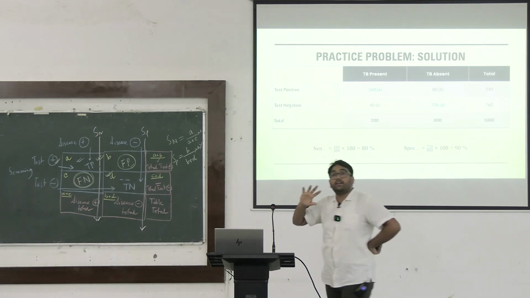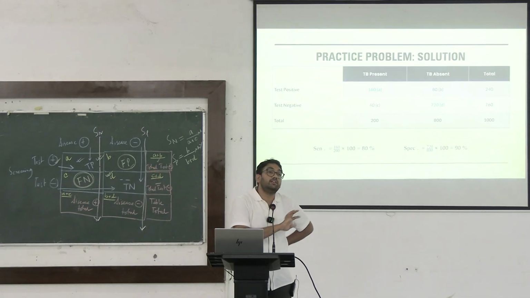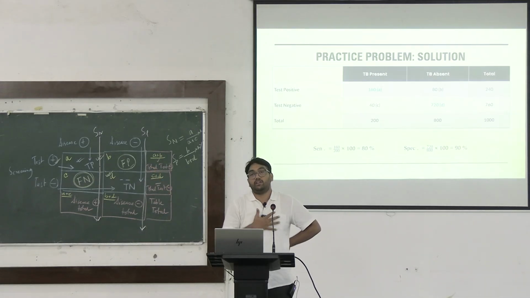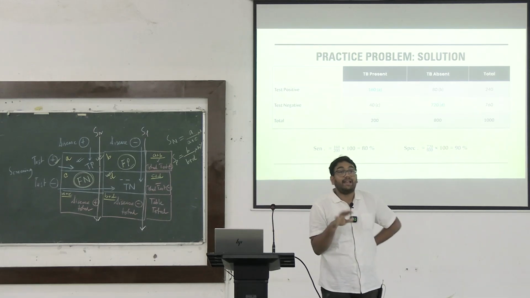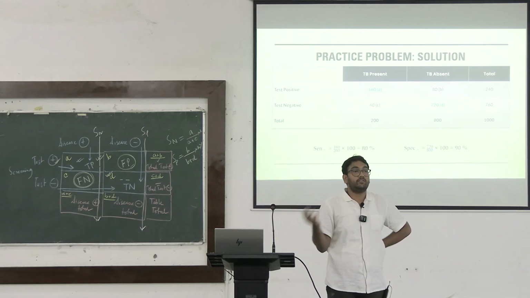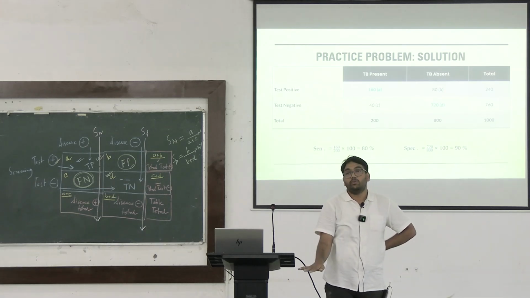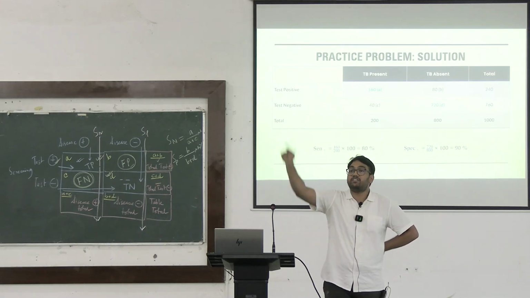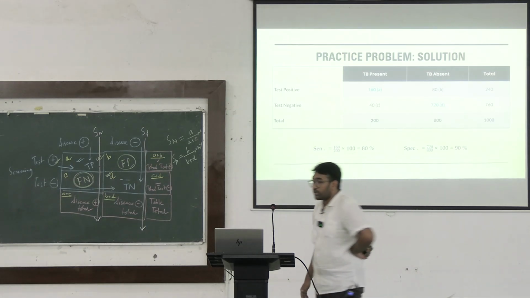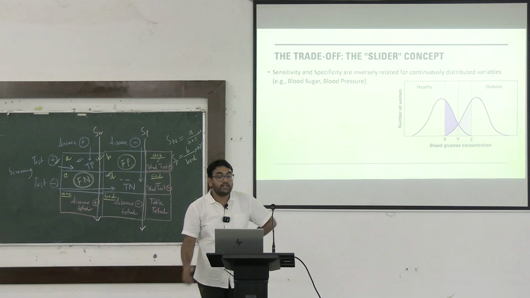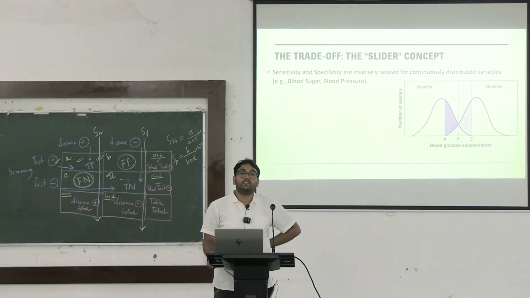The more you make the test able to rule out disease, it will rule out disease in some people who have the disease. So we always have to go for a balance between sensitivity and specificity. If we maximize sensitivity, specificity goes down. And if we maximize specificity, then sensitivity goes down. So that is what I want to show you here. That is the trade-off between sensitivity and specificity.